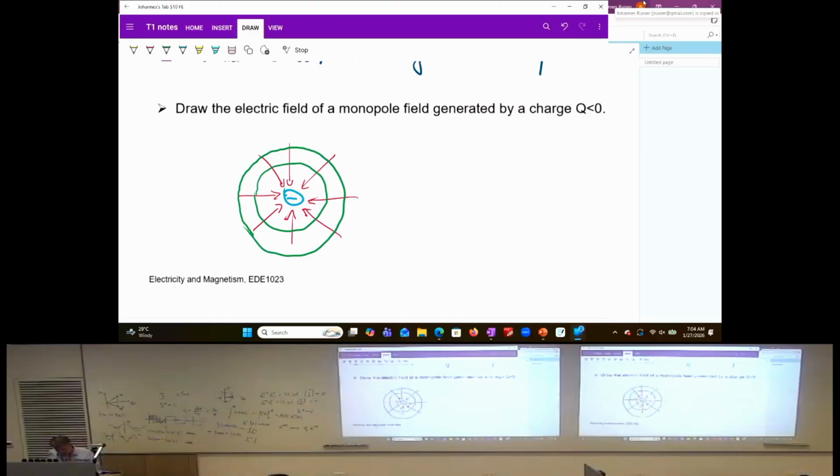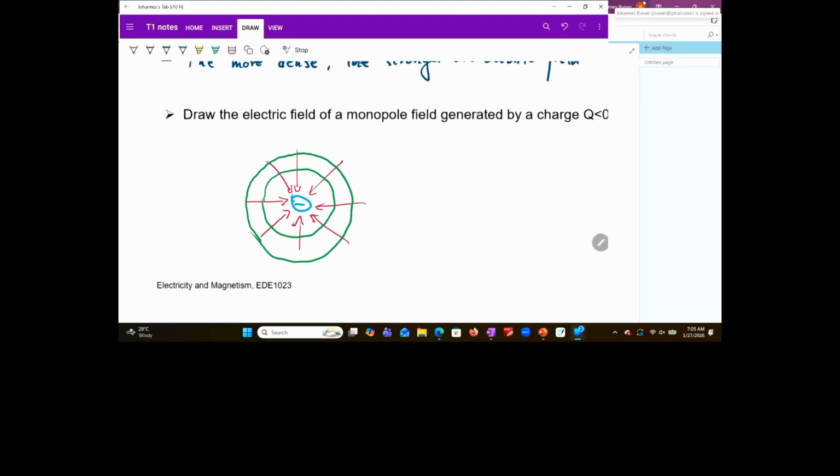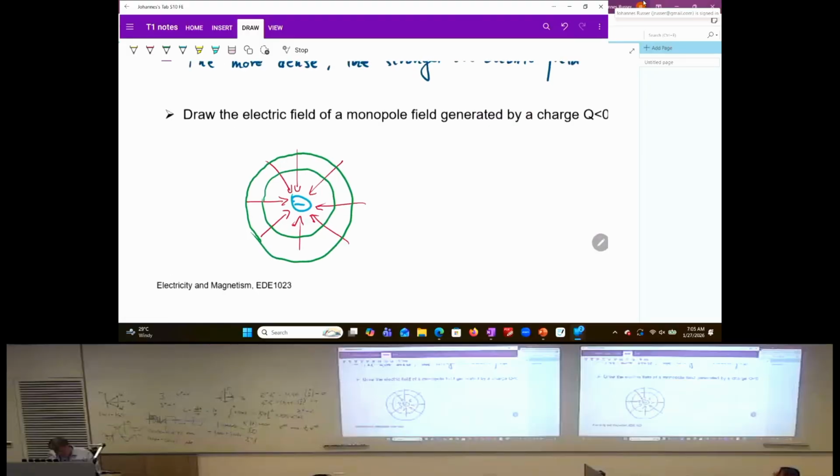But what you have to notice is that these green circular lines are lines where our potential is uniform. This is our electric potential here, the green one. And so the red lines are the electric field, and the green are the equipotential lines.